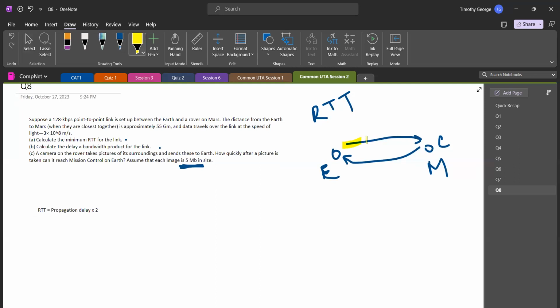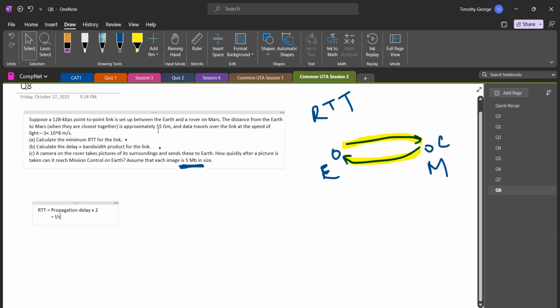You want one delay to go from Earth to Mars and one delay to go from Mars to Earth. That's all that you need to do. How do we calculate propagation delay? We've seen this in so many questions, even the previous question: length by speed.